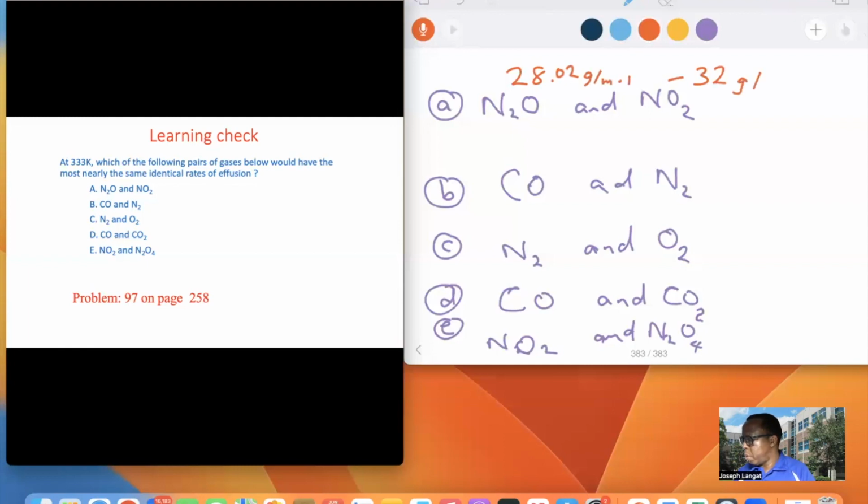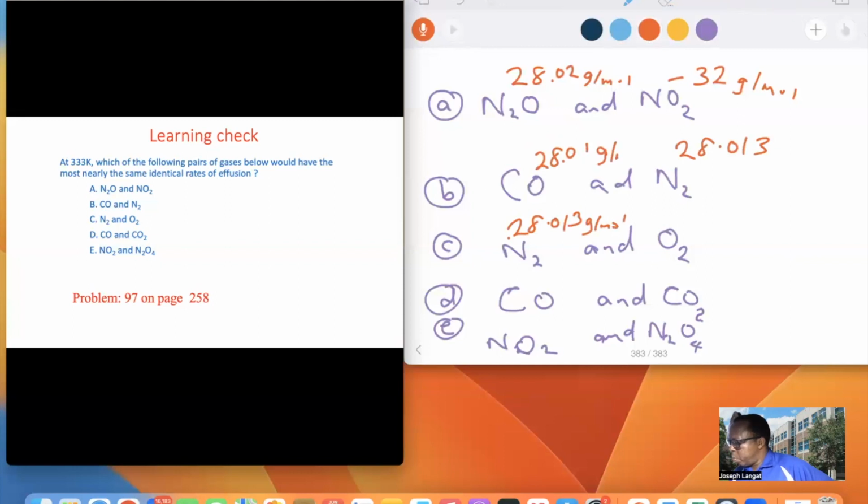This is 46.01. For B, this is 28.01 and this is 28.013, grams per mole. For C, this is 28.013 and 32.00 grams per mole.